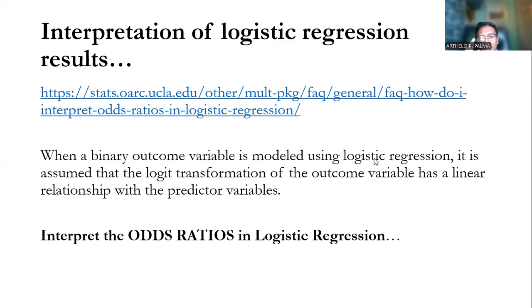I'll be providing you also a video showcasing how to perform logistic regression analysis in SPSS, and at the same time how to interpret the results thereafter. So for now, I'm just showing you a basic understanding, the foundation for you to understand the difference between logistic regression and discriminant analysis.